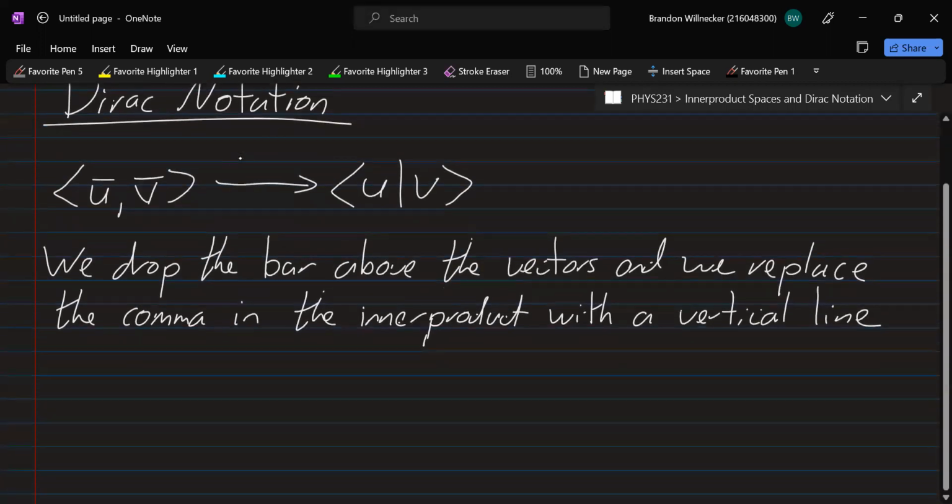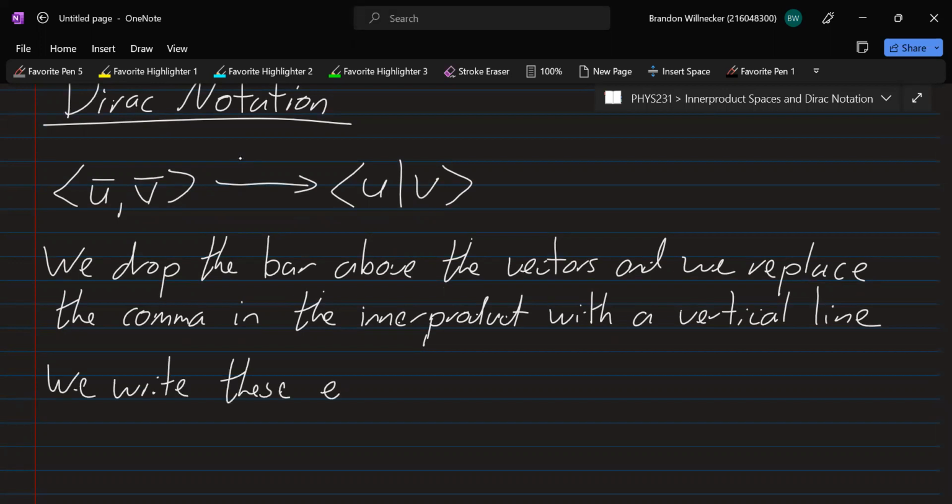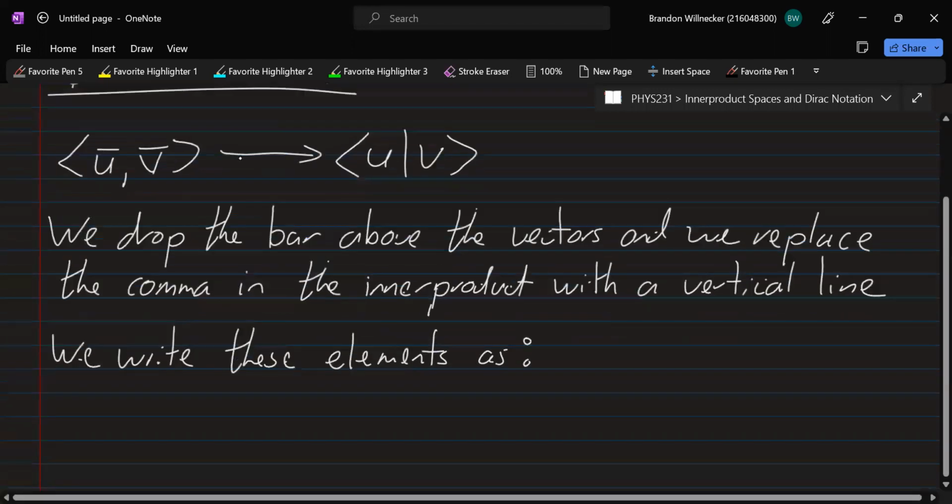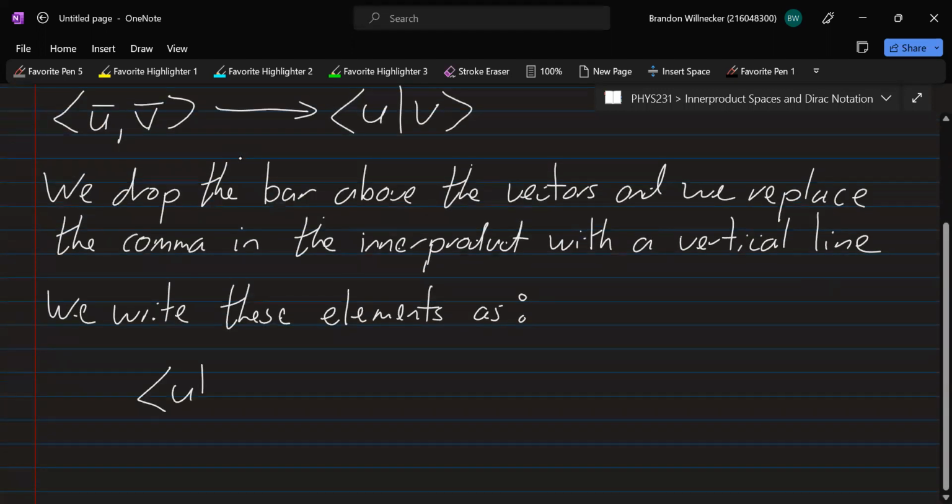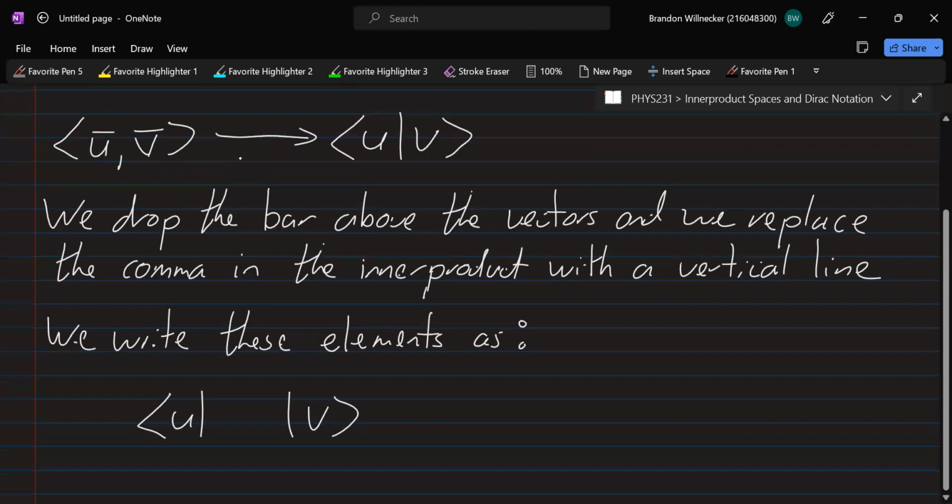So this inner product here with U and V, we literally split it open, and we have U as the one element and V as the other element. So we see that this inner product notation has been blended in with the vector notation.